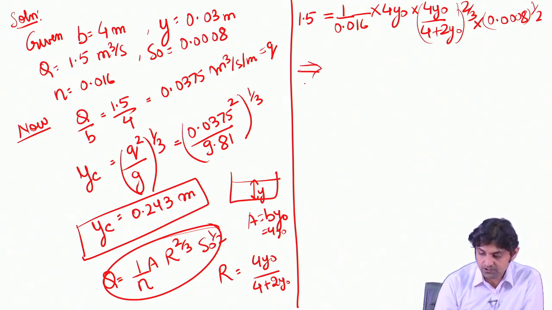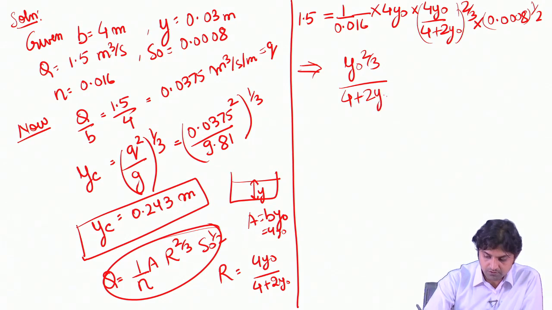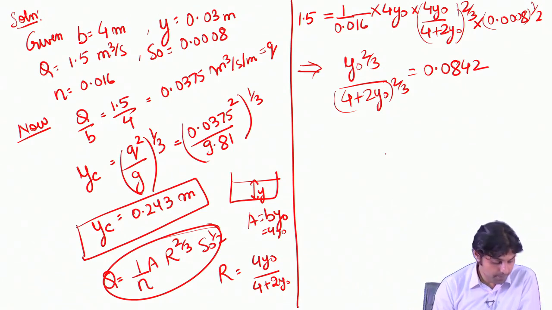So, this will actually give us y naught to the power 2 by 3 divided by 4 plus 2 y naught to the power 2 by 3 is equal to 0.0842. Okay.